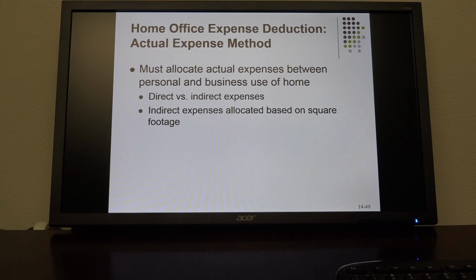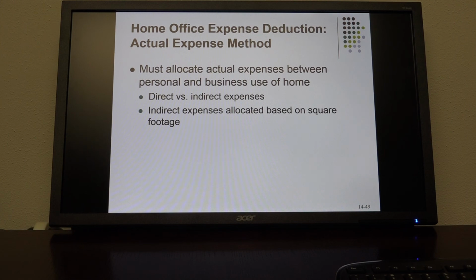Okay, so, and there's a couple of methods for this, but let's say just, for the sake of ease and understanding, let's say that you use 20% of the square footage of the house exclusively for business use.